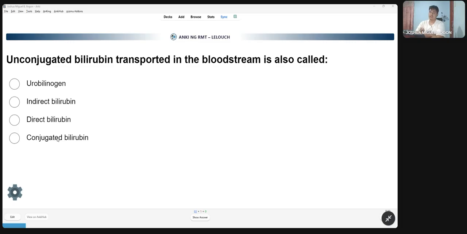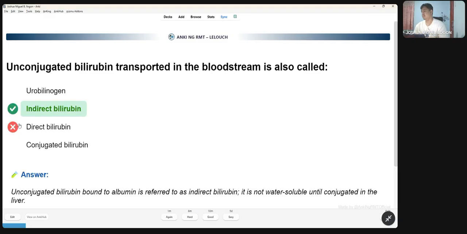No, it's not conjugated, so cancel conjugated. Urobilinogen, cancel, that's in your urine. Is it direct? Oh yeah, okay, it's indirect. At least I narrowed it down to these two. Yeah, indirect bilirubin or unconjugated. If it's your conjugated, it's water soluble, albumin bound.